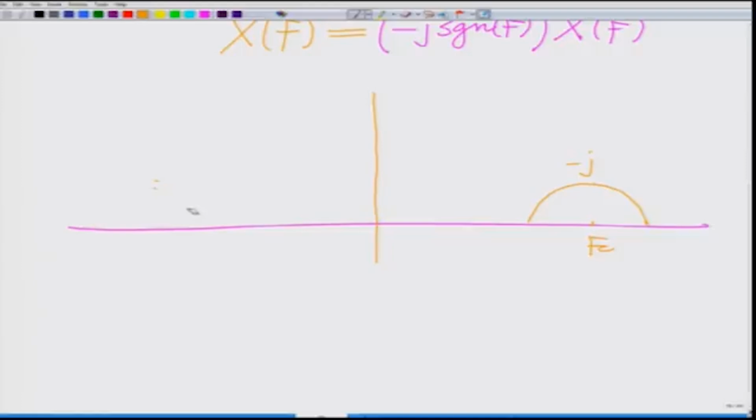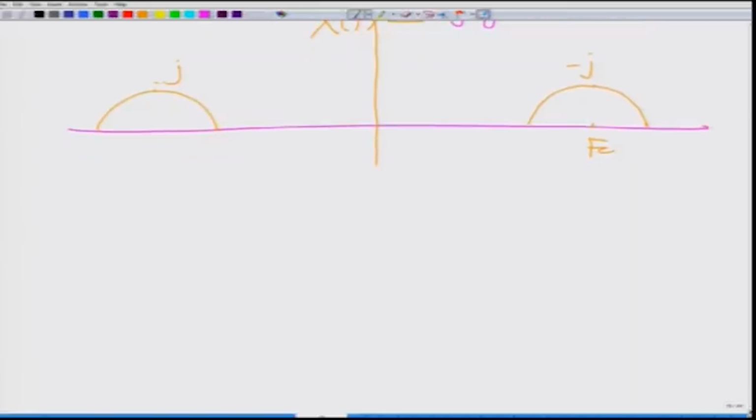So, since this is minus j sgn f, this band will be multiplied by j. So, this is the spectrum x hat of f, spectrum of x hat of t, which is minus j sgn f times x of f.